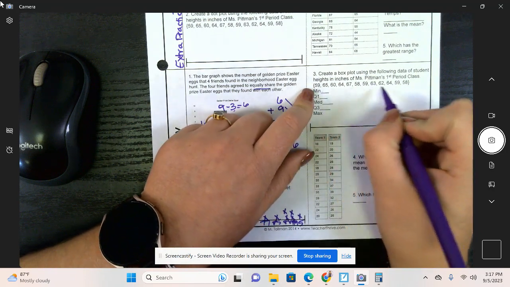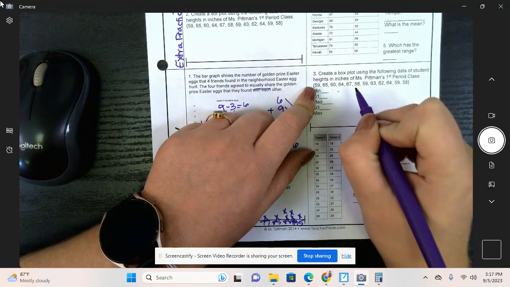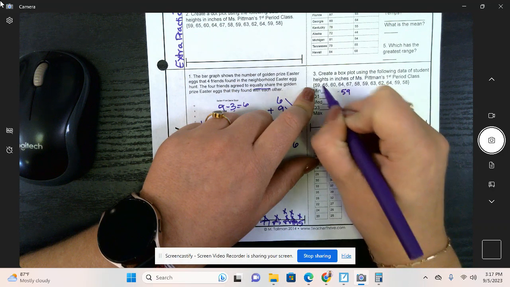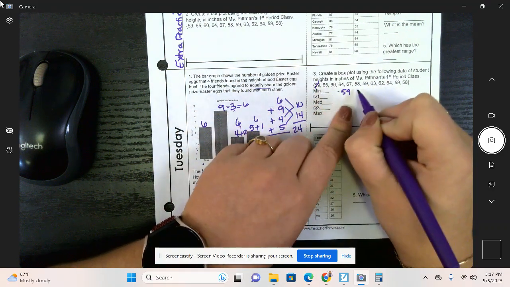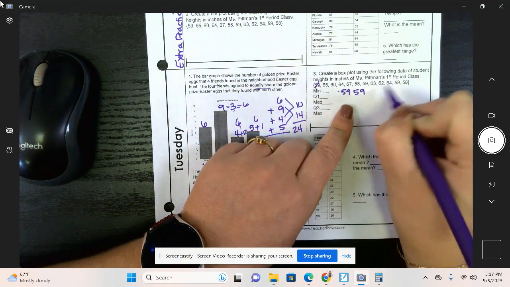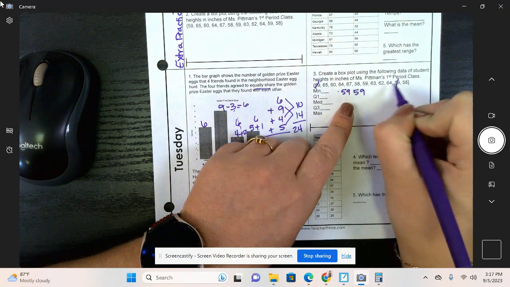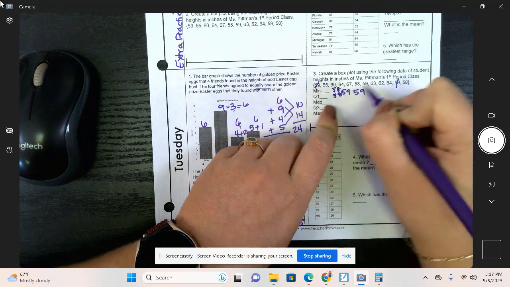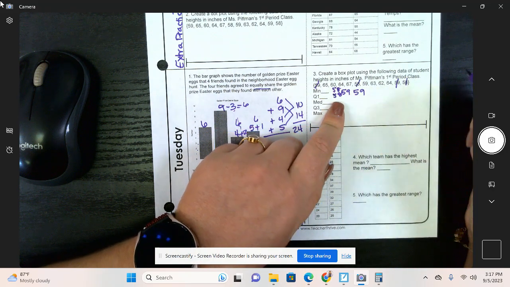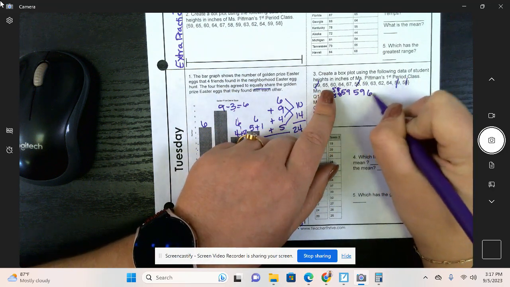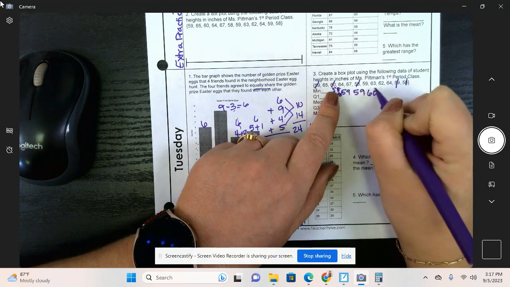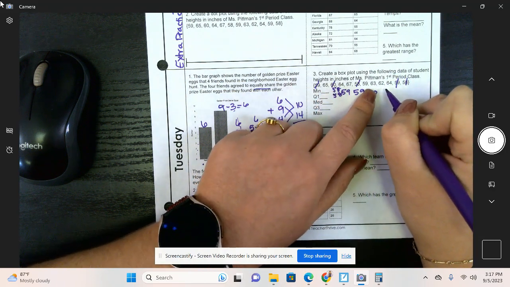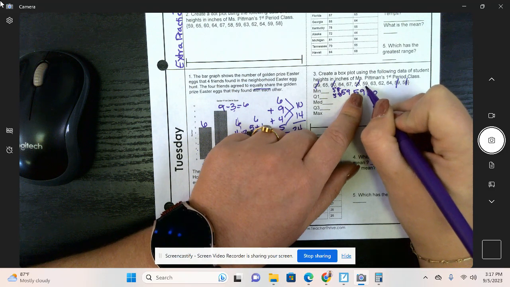So my smallest number appears to be 59. Okay, and I have another 59. And now as I'm going, I realize I skipped 2 numbers. I have a 58 and a 58 in here. So 58 and 58, 60, the next smallest, and then I skipped a 59, guys.